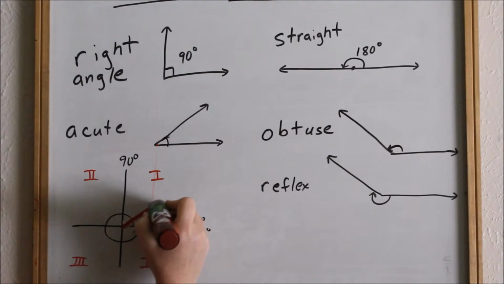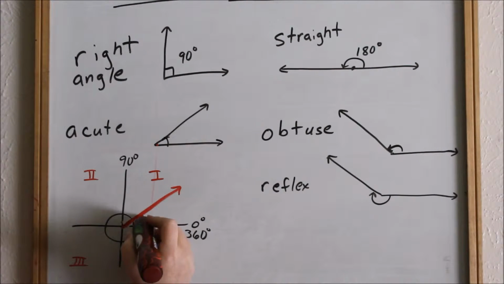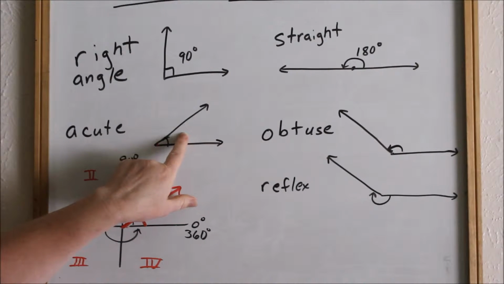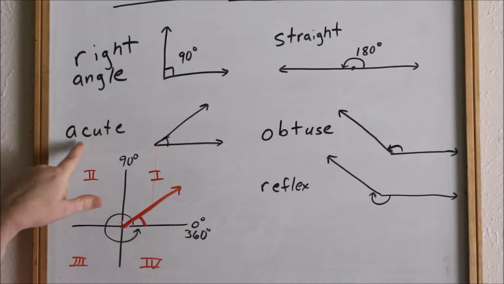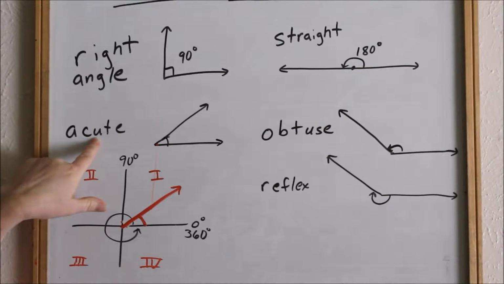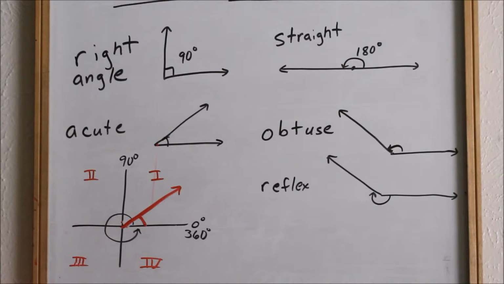If I drew this angle right in here, that right there would be acute. Acute angle is less than 90, but larger than 0. And if you want to think of it, they're smaller angles, and you can say, they're so cute. They are cute. They are acute. A-C-U-T-E. Acute angles are smaller angles.